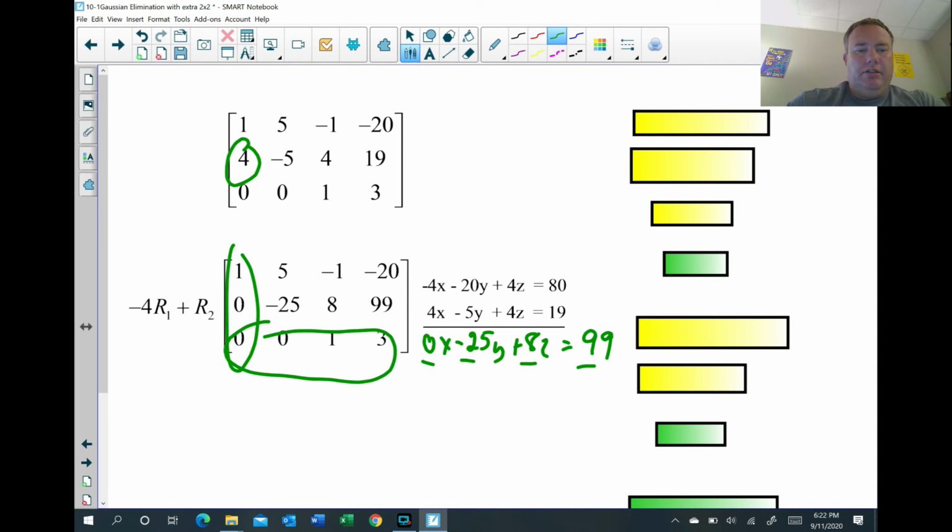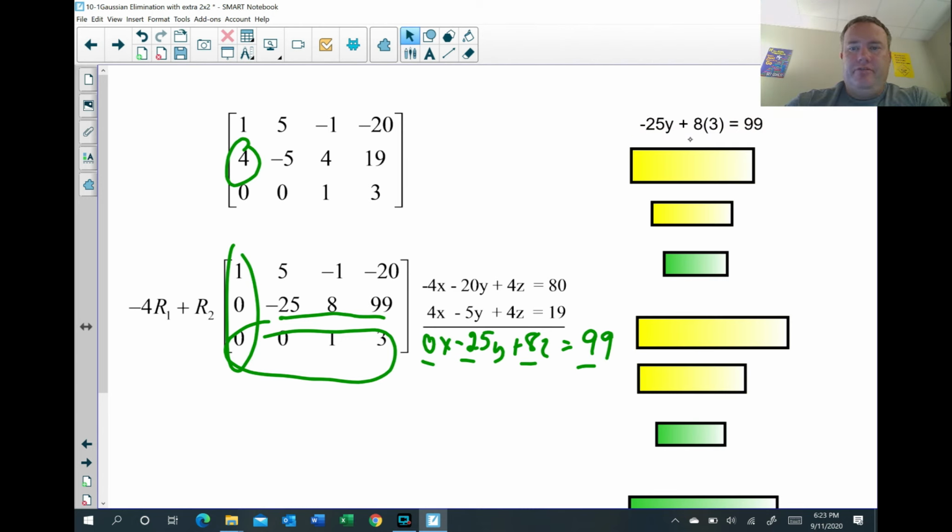Column 1 has a 1, 0, 0. Row 3 has a 0, 0, 1, and then the answer. And you already know that z is 3. So guess what? We're going to take that and plug it into this right here. Alright, so from here, since we know z is a 3, you're going to plug in negative 25y plus 8 times 3 equals 99, which is obviously 8 times 3 is 24.